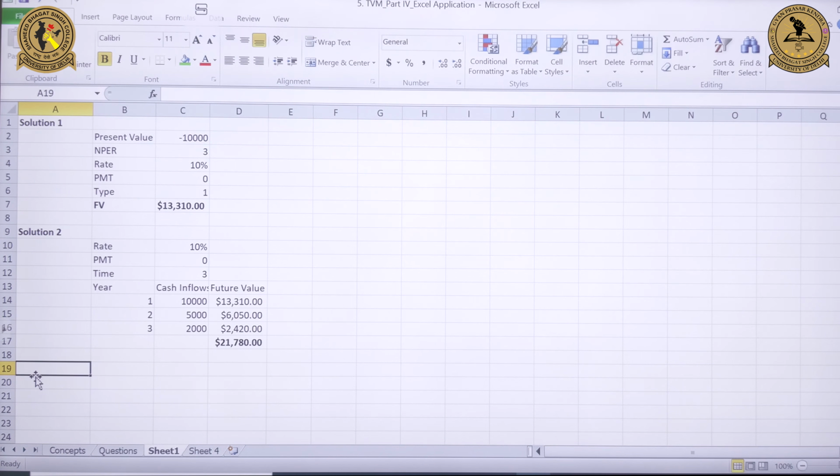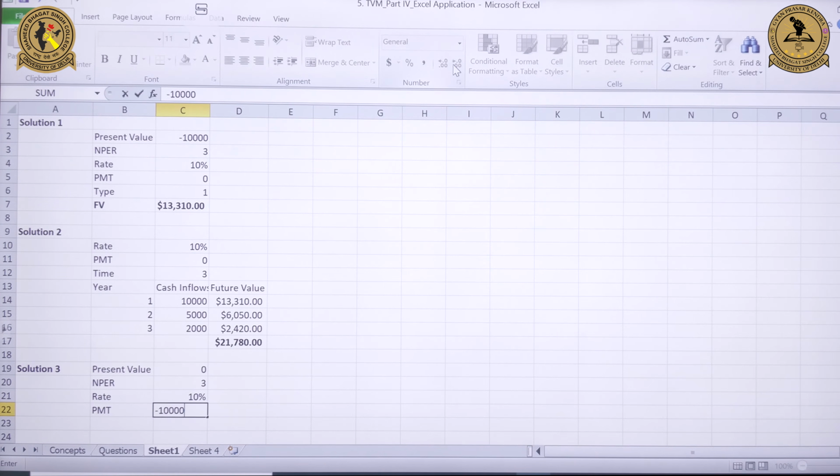Now this is your solution 3. Present value in this case is 0. Time period is 3 years, or I can say NPER is 3. Rate is 10% in this case. PMT, which also represents the annuity, is minus 10,000. So I need to calculate the future value. Again the formula remains the same, equals to FV.